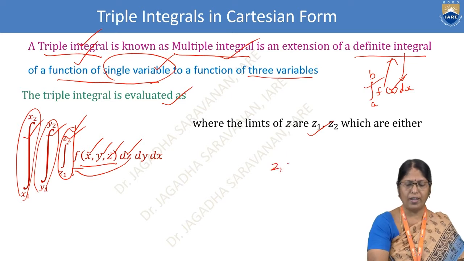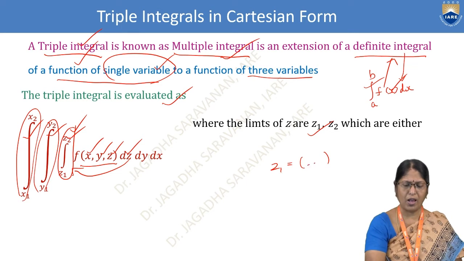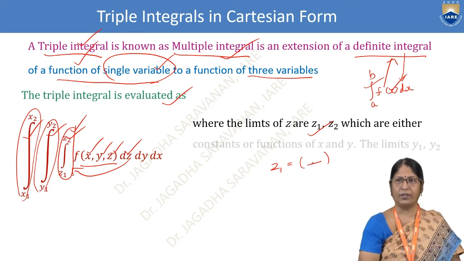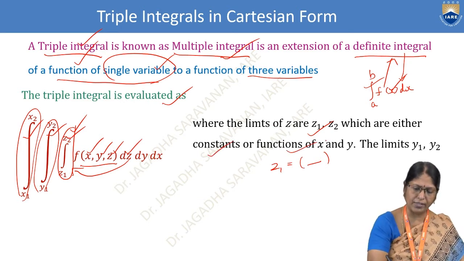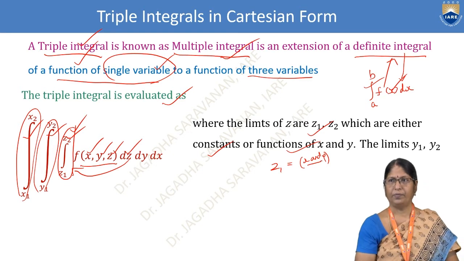So z1 equals some function. It should have some variables or it can have constants. So constants, or if it is a function, then it must compulsorily be x and y, or x alone.